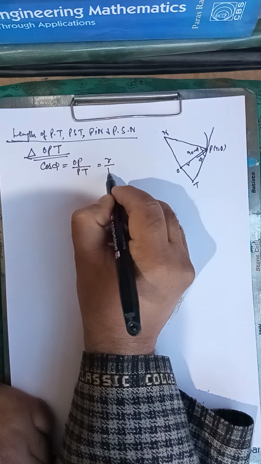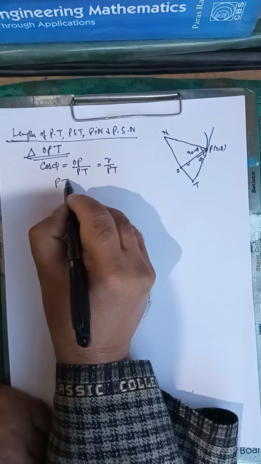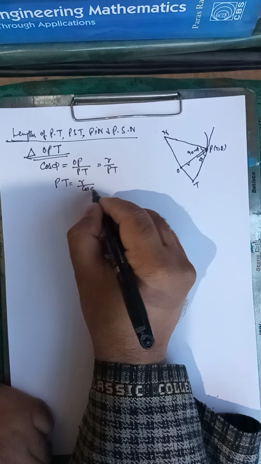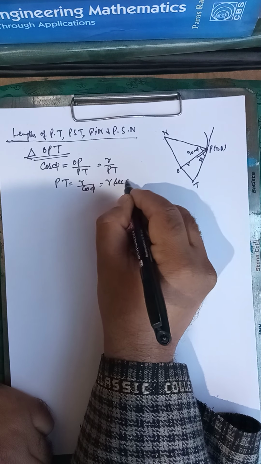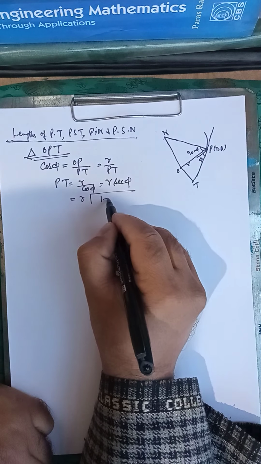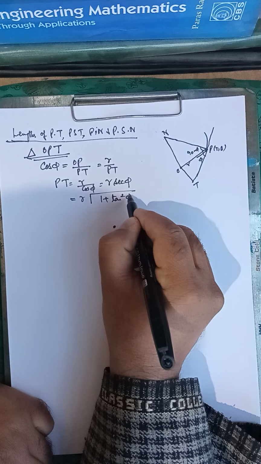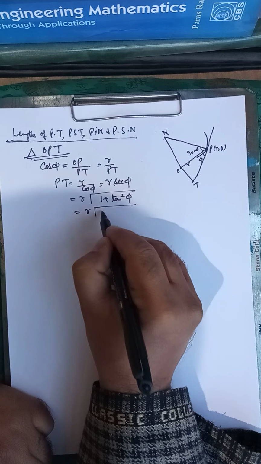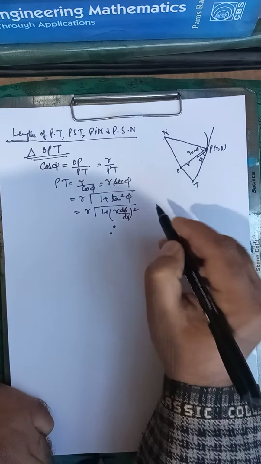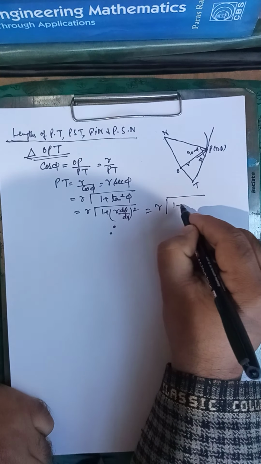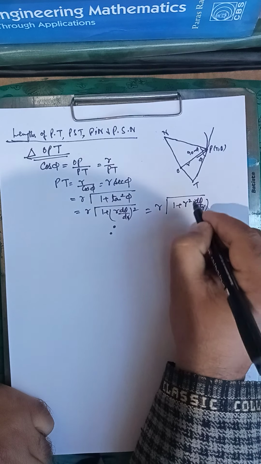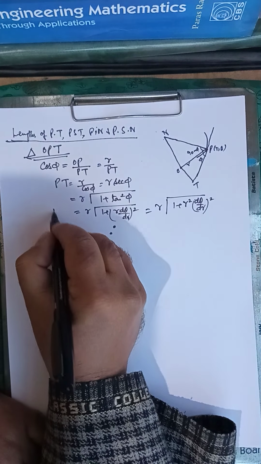So cos phi is r by PT, so PT is r by cos phi, which is r secant phi. So this is r times the square root of 1 plus tan square phi. Tan phi, you know, is r d theta by dr. So this is r times the square root of 1 plus r square (d theta by dr) whole square. This is the length of the polar tangent.